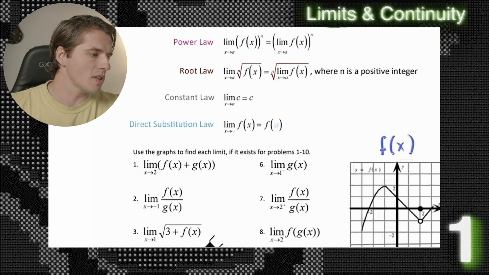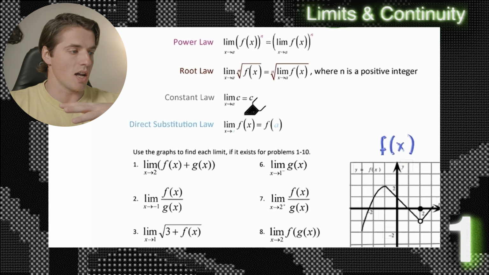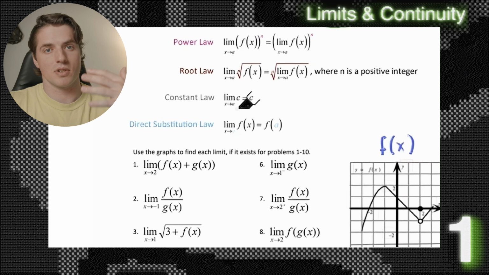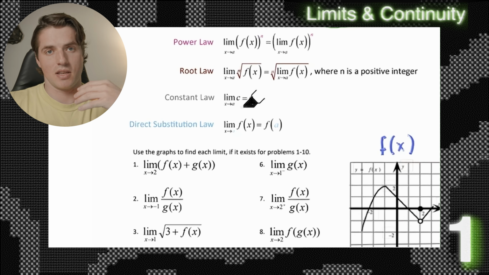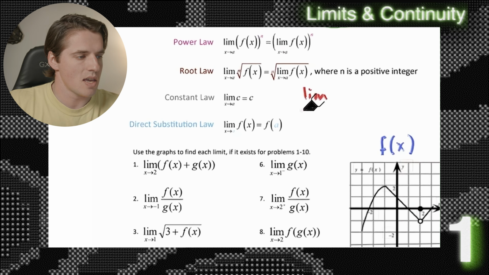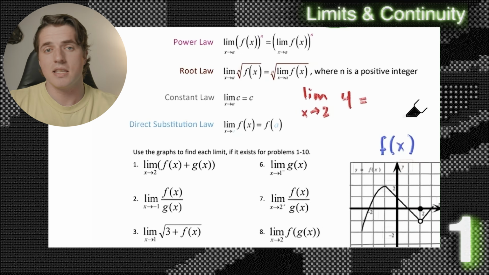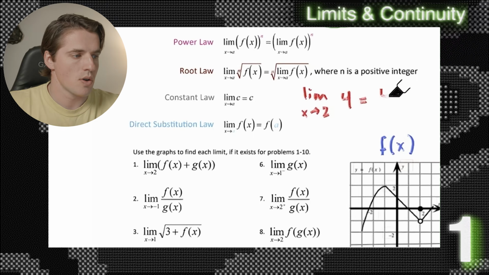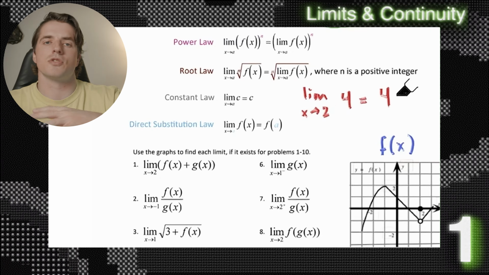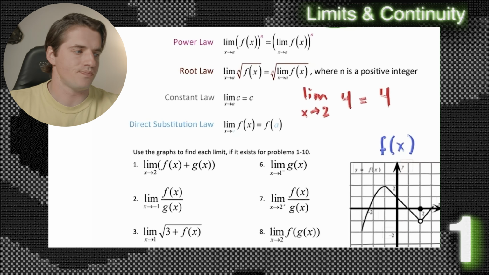And I think really the 2 most important to start with, the limit of a constant. If x is going to some value a, and we're taking the limit of a constant c, or let's say, the limit as x goes to 2 of 4, this is just 4. Nothing's happening. As x goes to 2, the function is always 4, so our limit is just 4.